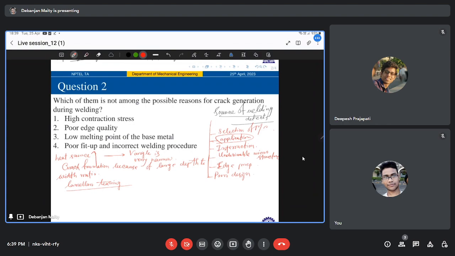So suppose you have the lamination, and you will be interacting with these impurities which are there. We have already studied this lamellar tearing, right? And their interaction may result in the kind of tearing which is observed usually in welding as a welding defect, right?